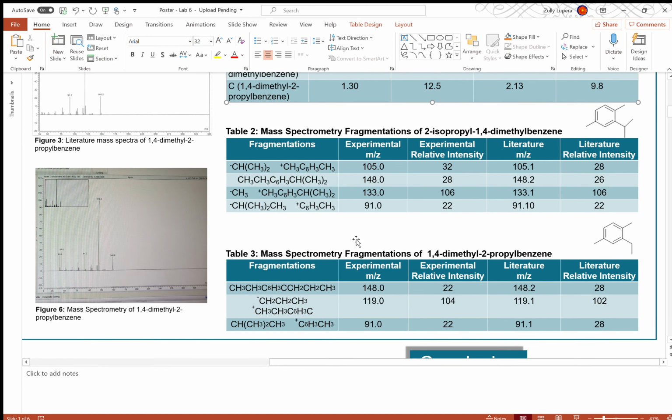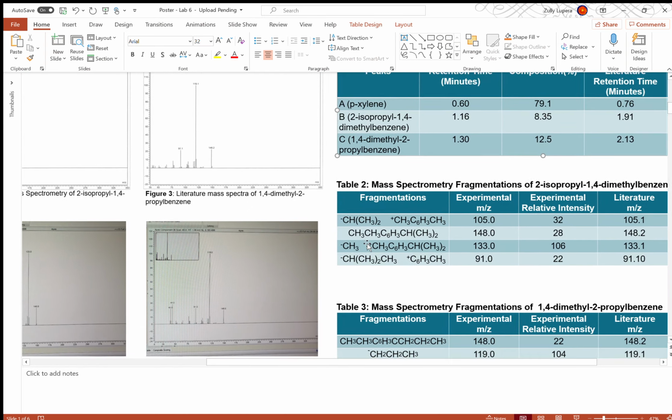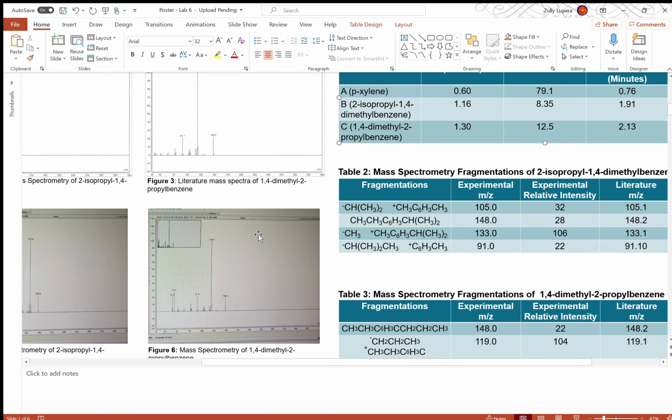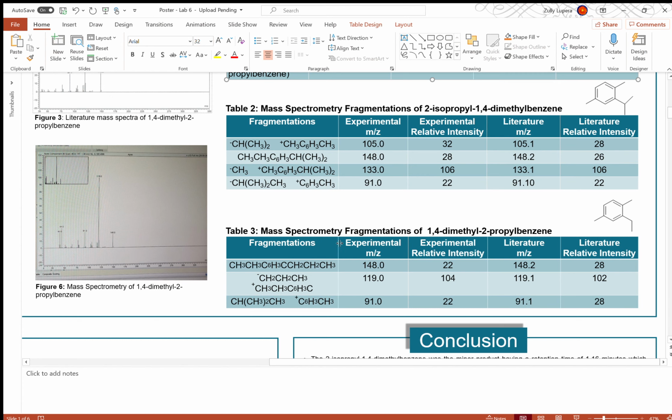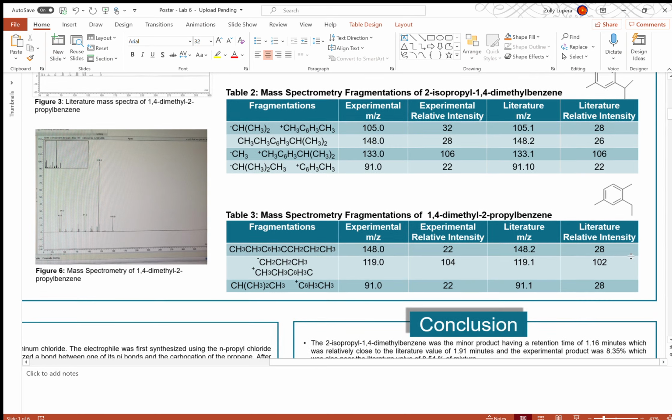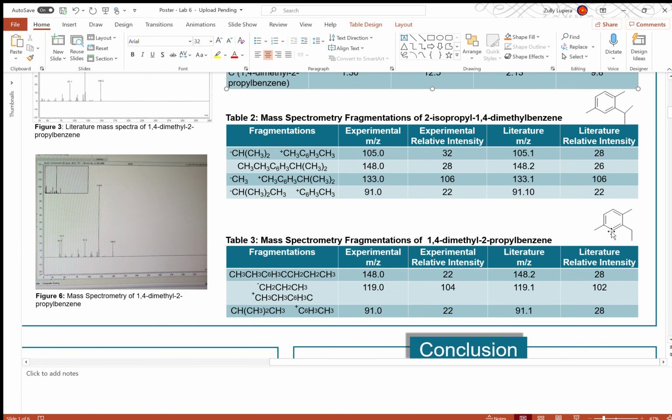And then in figures 3 and 6, we have the mass spectrometry of peak C, which was 1,4-dimethyl-2-propylbenzene. In this peak, we notice that we don't have the 105 fragmentation. We don't have that MZ value because this fragmentation occurs with the isopropyl, and there was no methyl shift in this product.